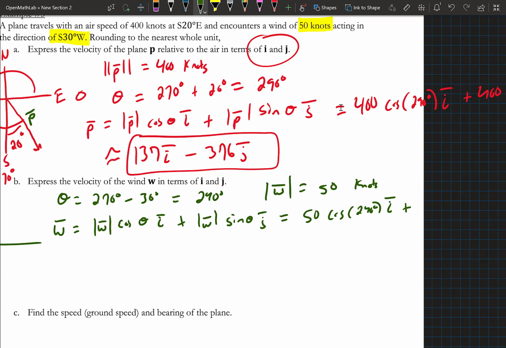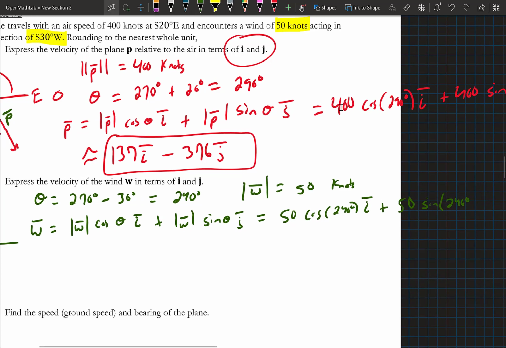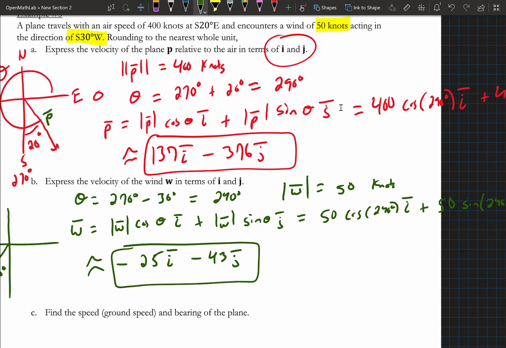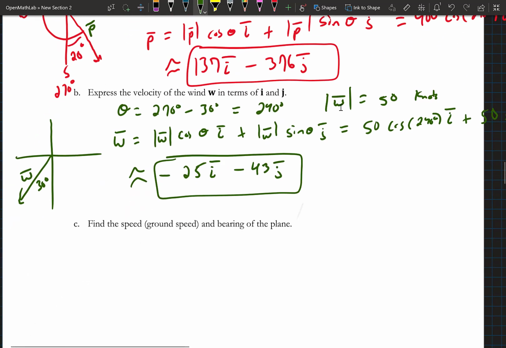So and that would be plus 50 times sine of 240 degrees times vector j. So then we can get some decimal approximations here again. So we want to get to the nearest whole number. So this turns out to be negative 25i minus 43j. Right. So there's the approximation for w.